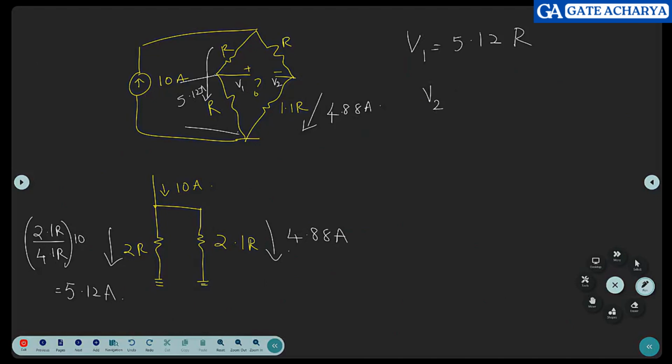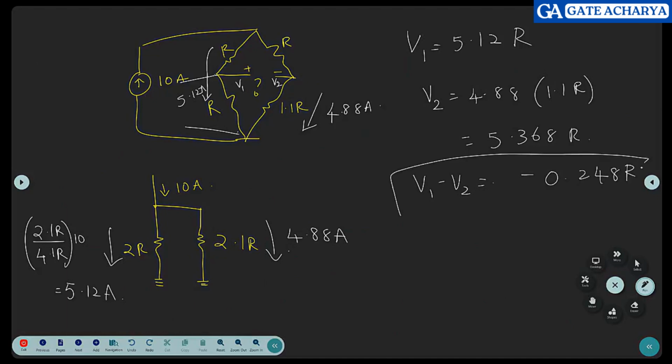What is V2? 4.88 into 1.1 R. So how much will that be? 5.368 R. So what is the difference, V1 minus V2? That will be minus 0.248 R. It depends on the R also.